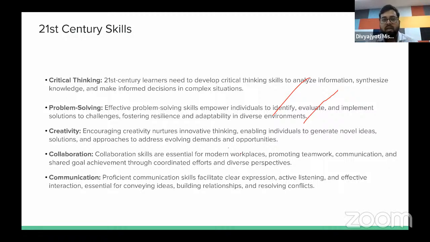Now, when we talk about creativity, the idea comes to mind that creativity might be something related to art, but it's not. Creativity is thinking out of the box. If you see the evolution of the mobile phone industry, it's a very good example of creativity.